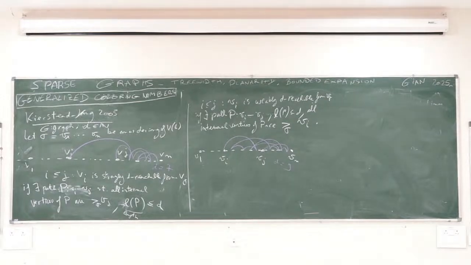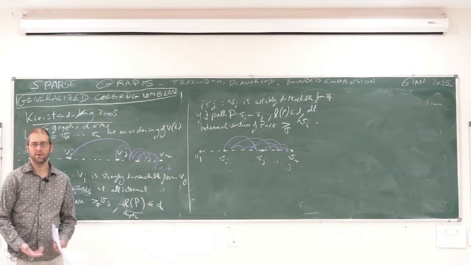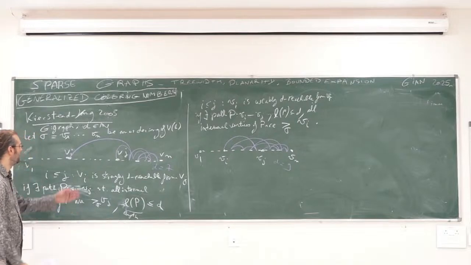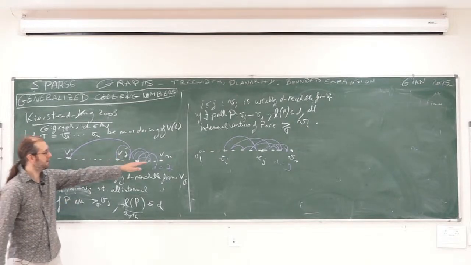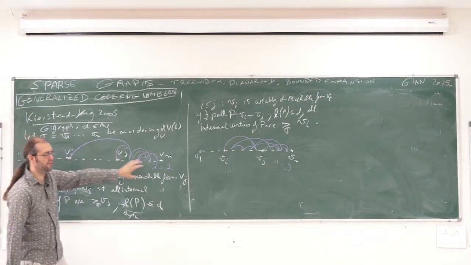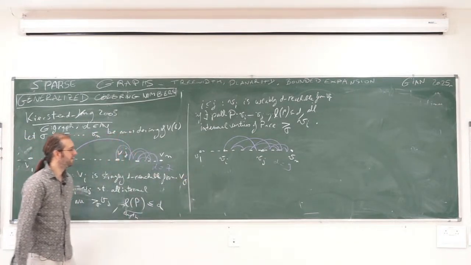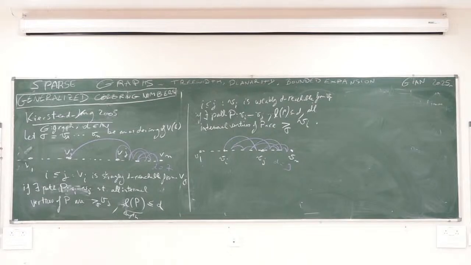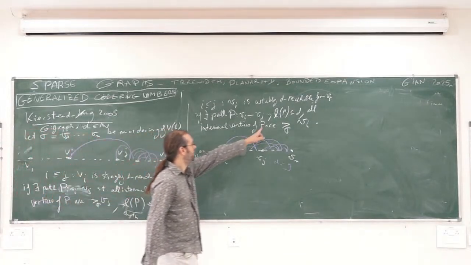So this is called weakly reachable. Weak and strong is quite natural because obviously strong is a stronger condition than the weak one. If you are strongly reachable, you're also weakly reachable. It's quite immediate from the definition and the picture. Again, the length of P should be at most d.